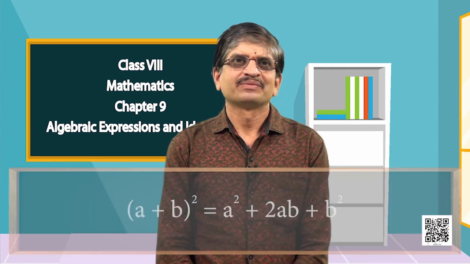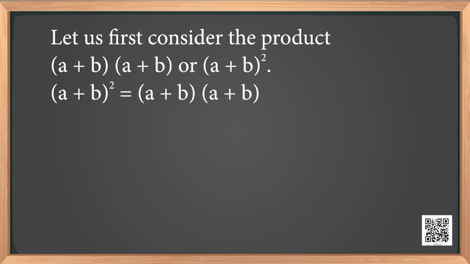Let us consider the product (a plus b) times (a plus b), or (a plus b) whole square. (a plus b) whole square is equal to (a plus b) times (a plus b).